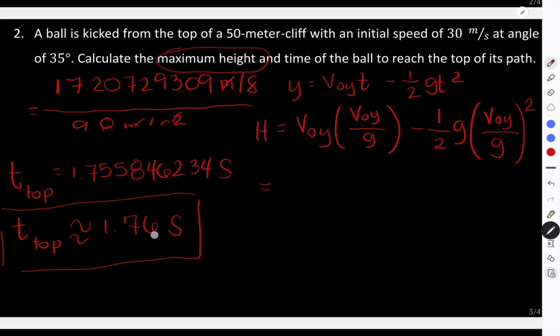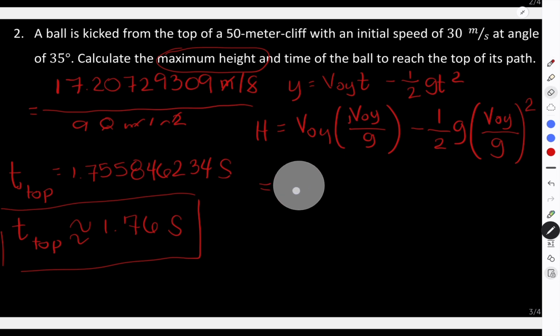In this certain part, initial velocity y can be written as over 1 because that is a whole number. Okay, which means you just simply multiply this with this one.